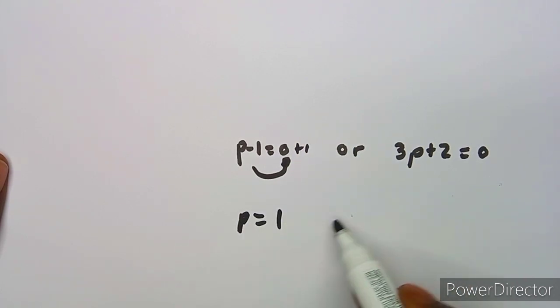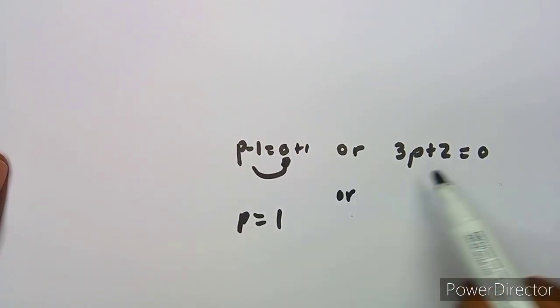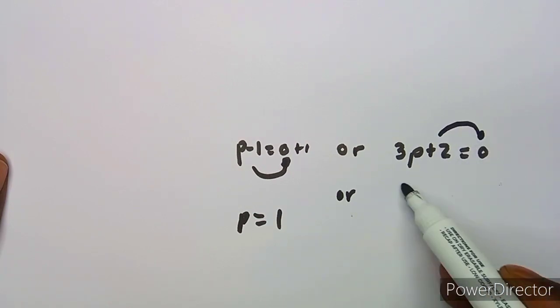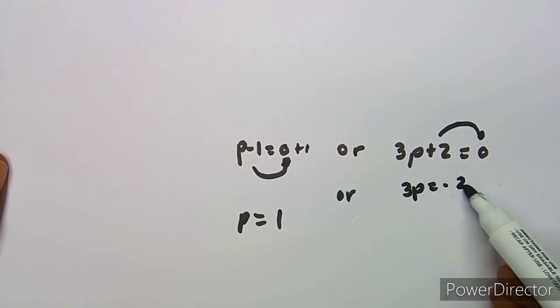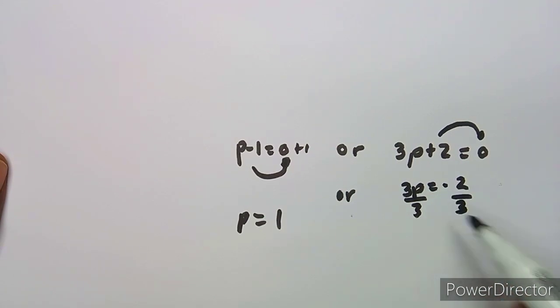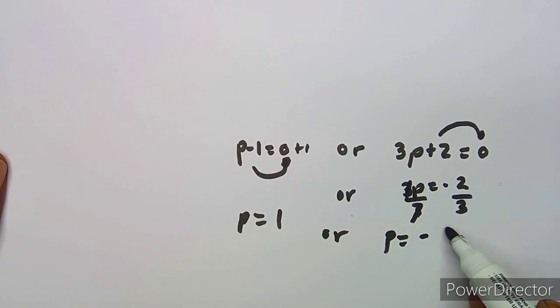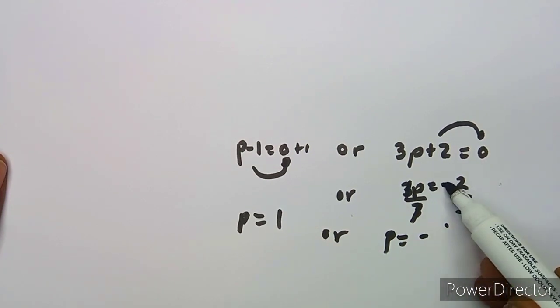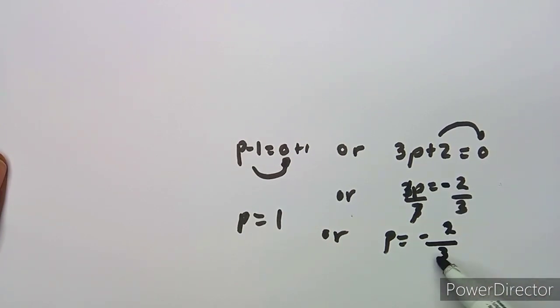So p is equal to 1. Or if we transpose the other one, 3p is equal to minus 2. We divide by 3 on both sides, so p is going to be minus 2 over 3.